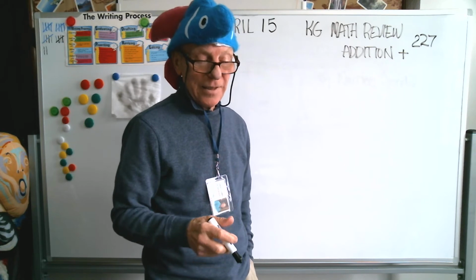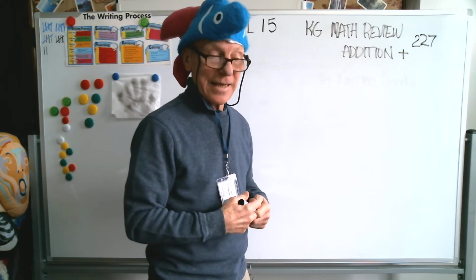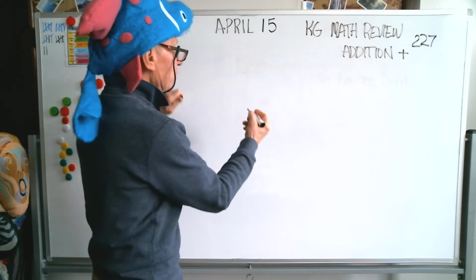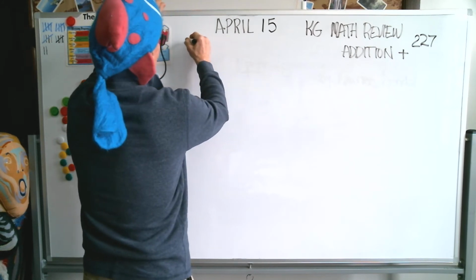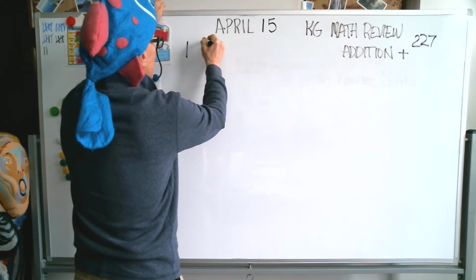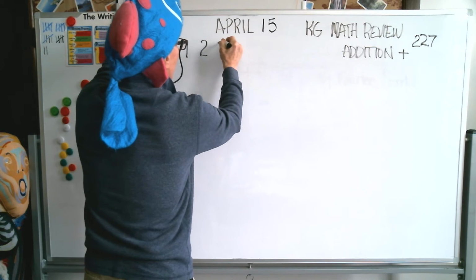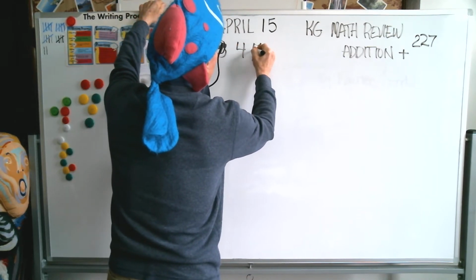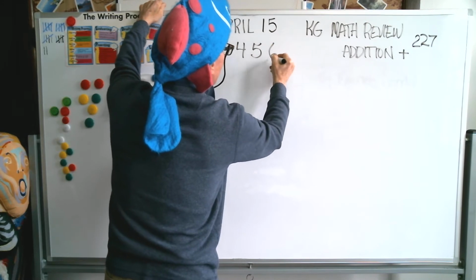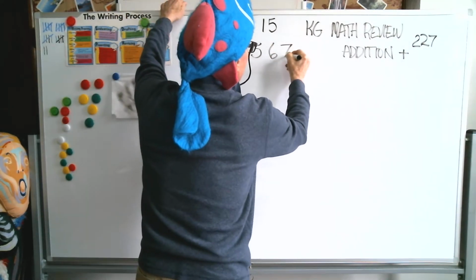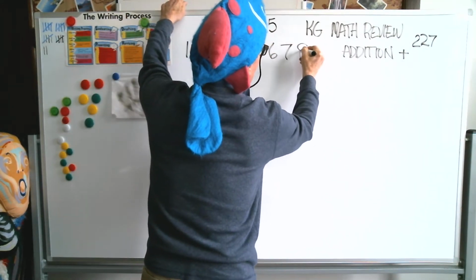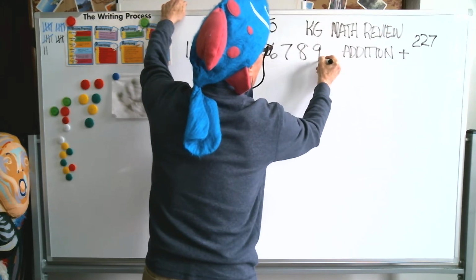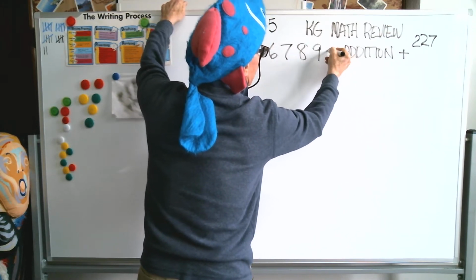We've got 6, 7, 8, 9, and 10. Well, let's just put our numbers up here. We've got 1, 2, 3, 4, 5, 6, 7, 8, 9, and 0.